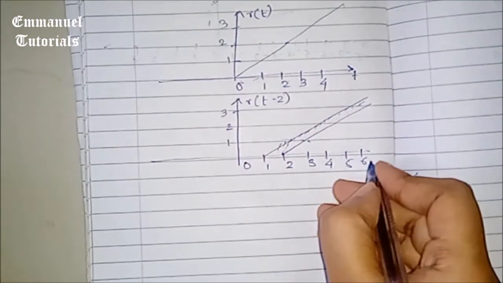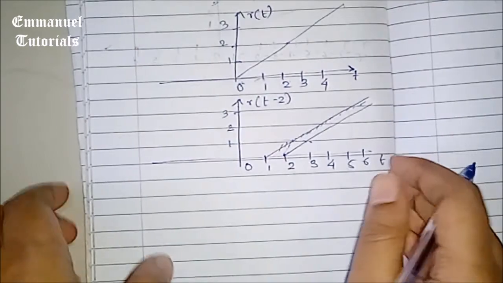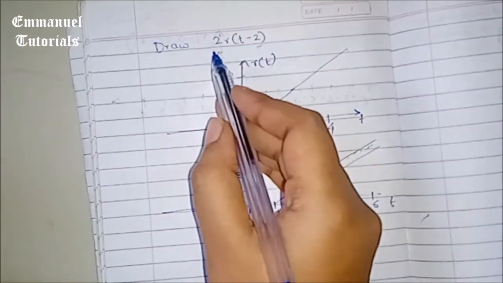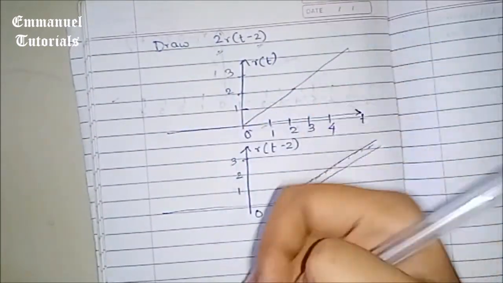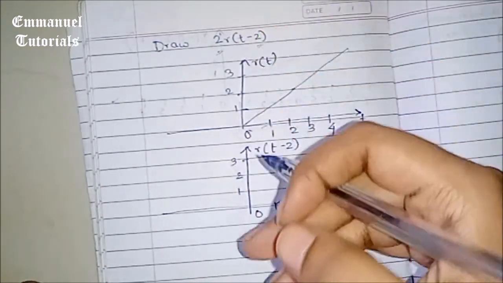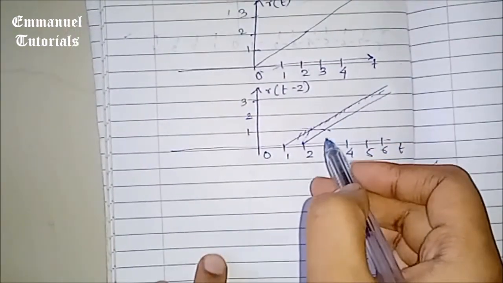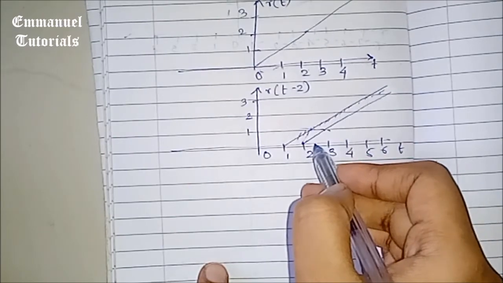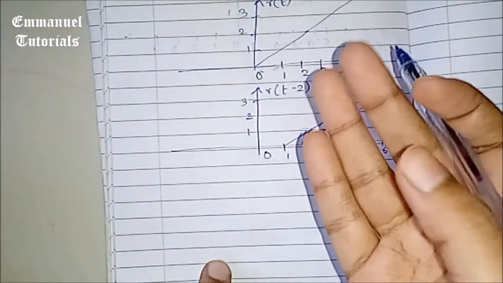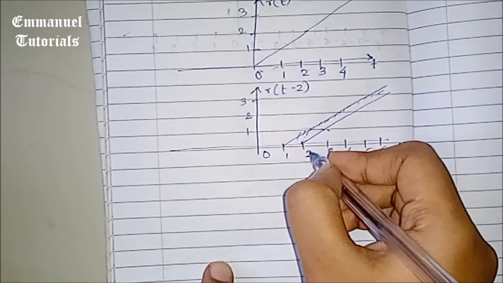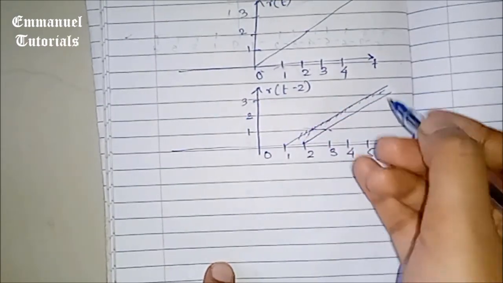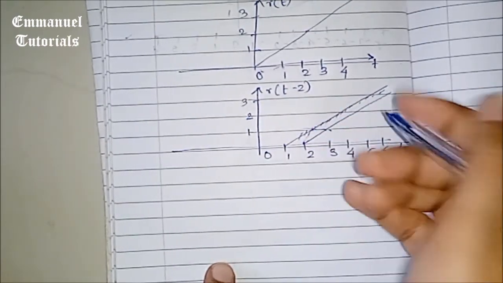Now next is amplitude scaling. Amplitude scaling by 2. Amplitude scaling means always the signal is going to change along the y-axis. So what is going to happen is signal value at each point is going to get multiplied by 2. So at 2 the value is 0 anyway, so 0 into 2 is 0 itself.